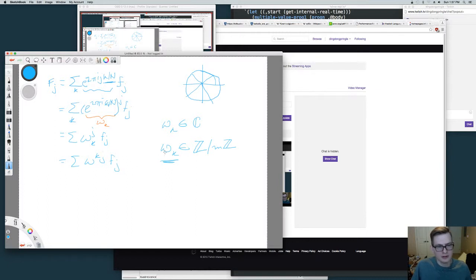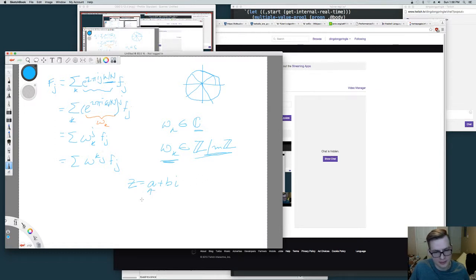I talked about all that, and the big point in choosing this over this was the following. When we do computations in the complex domain on a computer, a complex number z equals a plus bi is represented as two double floats, basically.